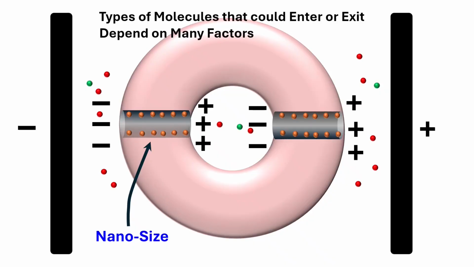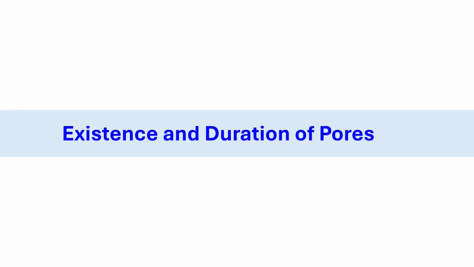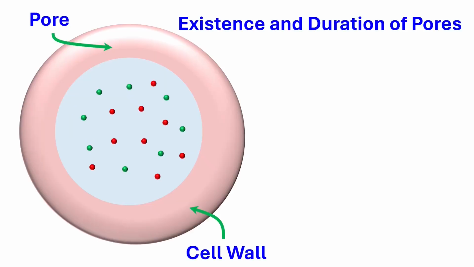The types of molecules that could enter or exit depend on many factors. The size and duration of pores depend on the field strength and pulse duration. These also determine which molecules can enter. It is also important to know the existence and duration of pores to achieve the desired purpose of electroporation.